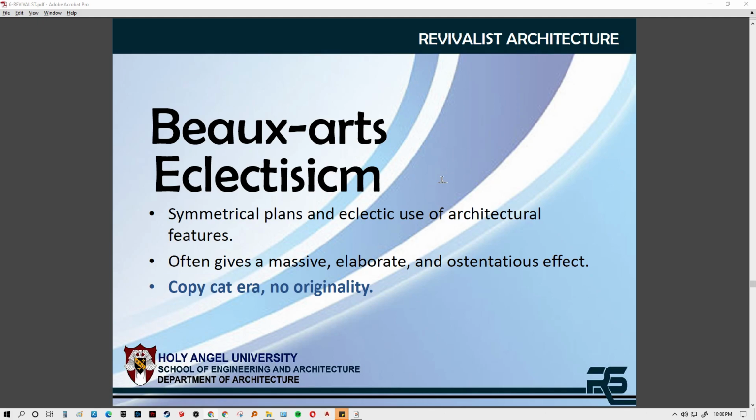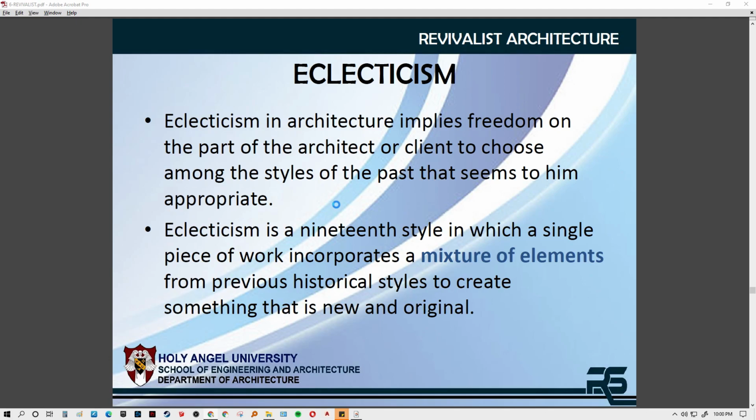It really has no main identity; when you see a certain design, you will just be mentioning it as either a Gothic or a Romanesque or a Renaissance design.